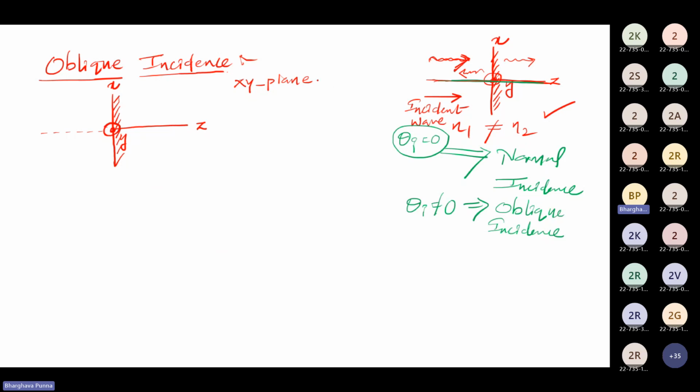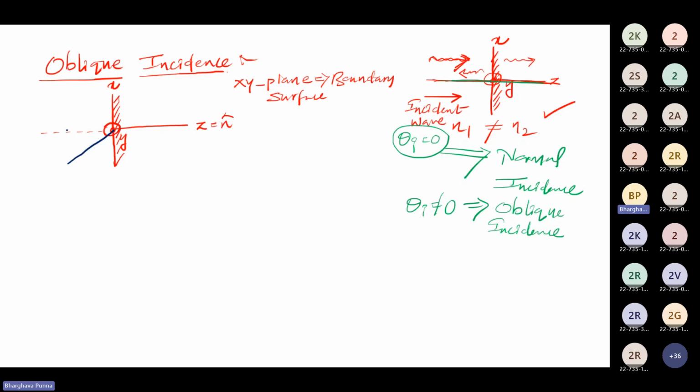So the xy plane is our boundary. You have to visualize that. The x-axis is the vertical line, the y-axis is coming out of the screen, and the boundary is the plane. It is a surface actually. And z is normal to the boundary, so we can take that as n cap. Because we are studying oblique incidence, the incident wave should make a certain non-zero angle with respect to the normal to the boundary.